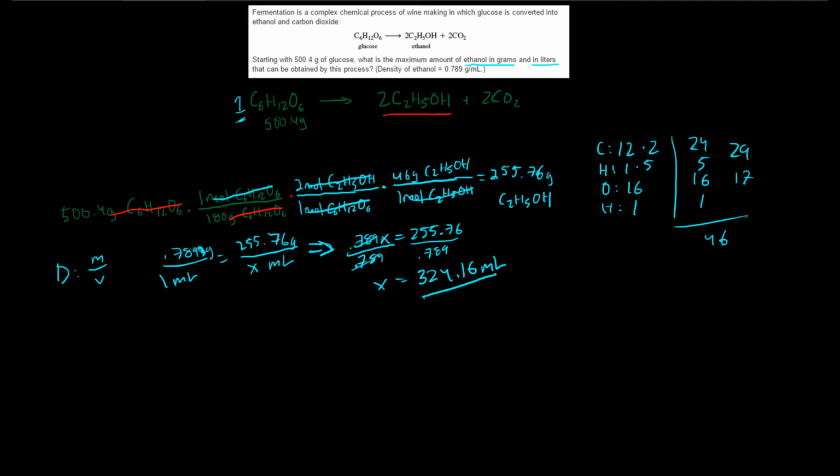So we divide this by 1,000, and we get 0.32416 liters of ethanol, or C2H5OH. And that's all there is to this problem.